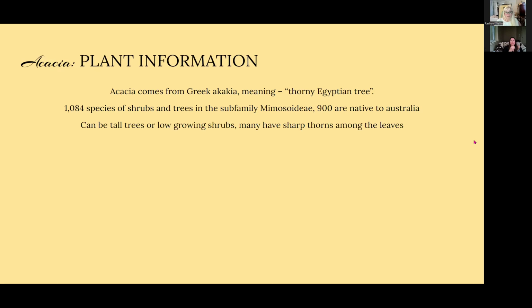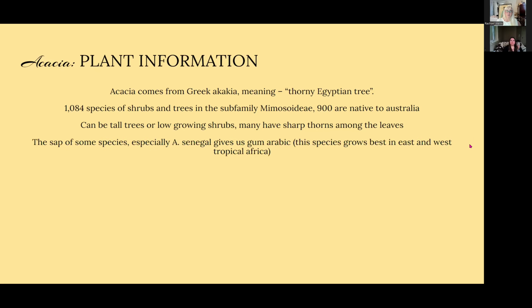Still, it encompasses a great variety of trees and shrubs. They can be tall trees or low growing shrubs, and many have sharp thorns among the leaves. The sap of some species, especially Acacia senegal, is where you get gum Arabic. Acacia senegal grows best in East and West Africa, in the tropical region.